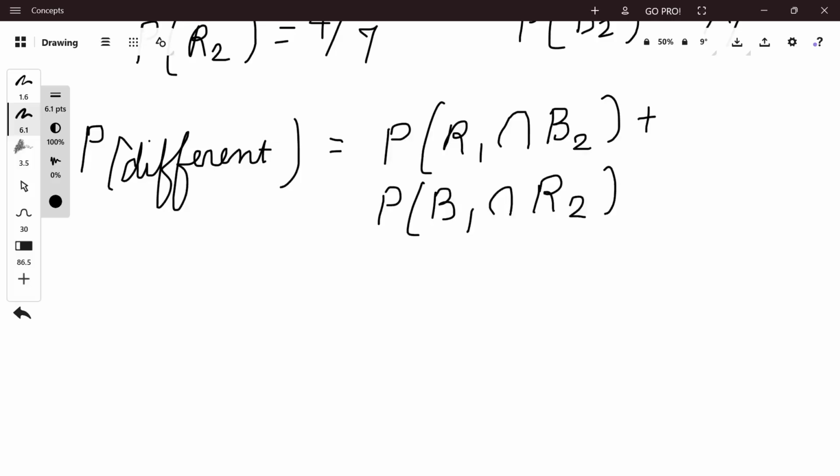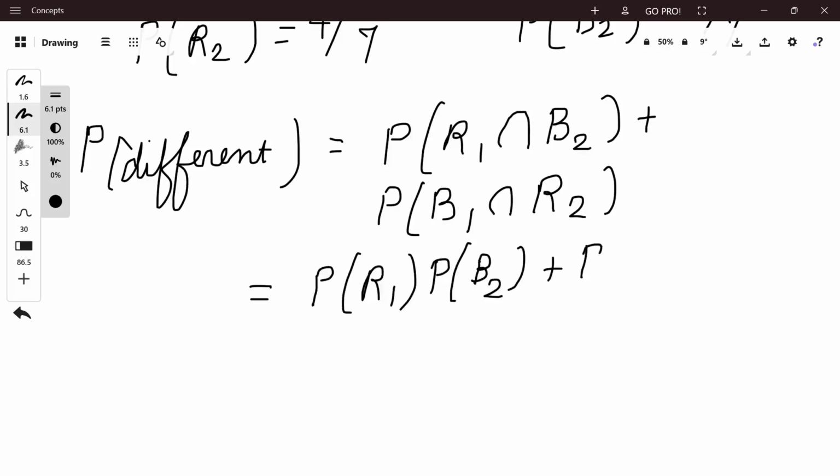That is equal to P(R1) P(B2) plus P(B1) P(R2).